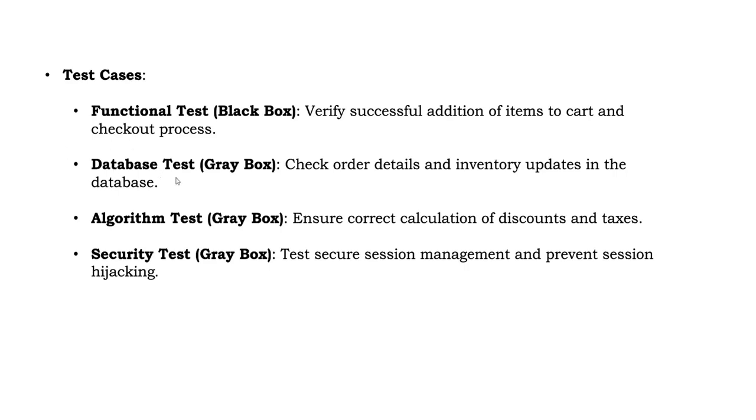But from the database side, what I have to test is checkout order details and inventory updates in the database. The database also I need to verify, right? Whenever you have placed an order, that particular order's details should go and sit in the order table.